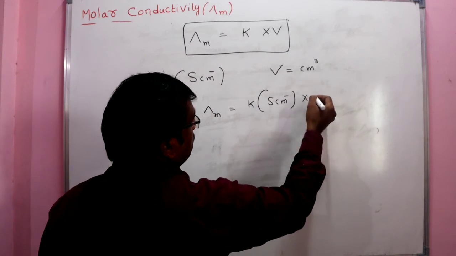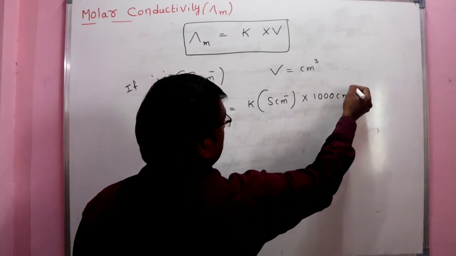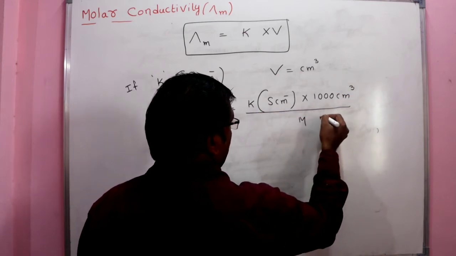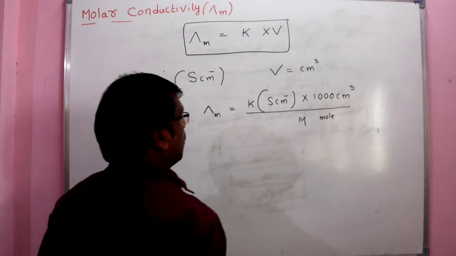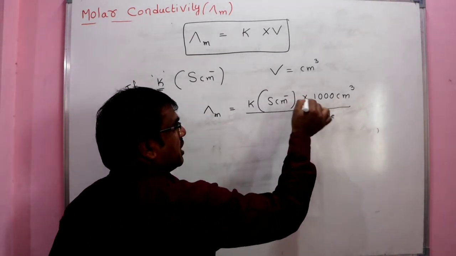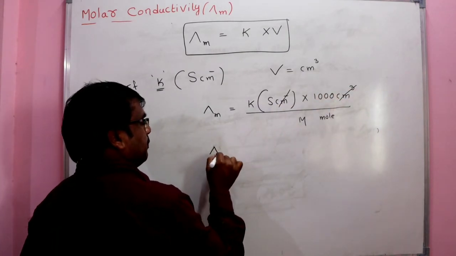In place of V, what we can substitute? 1000 centimeter cube divided by M moles. So after simplification, what we will get the final formula?